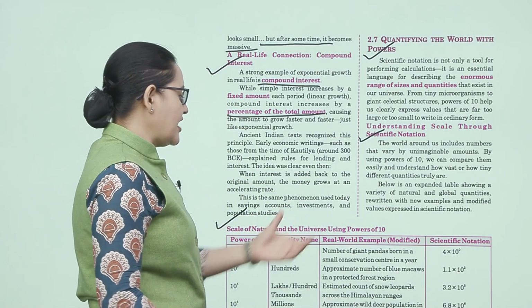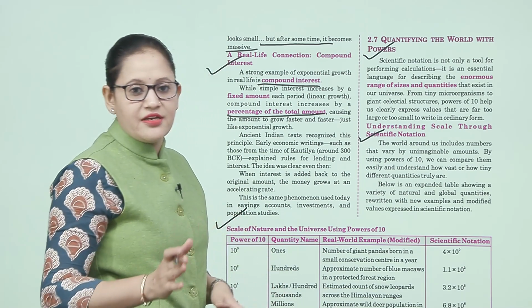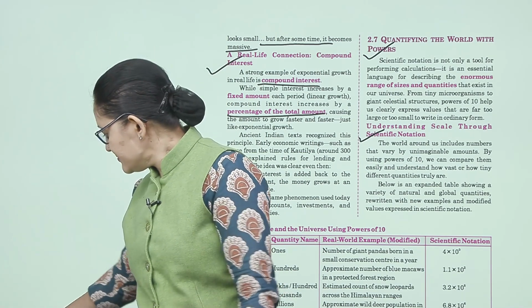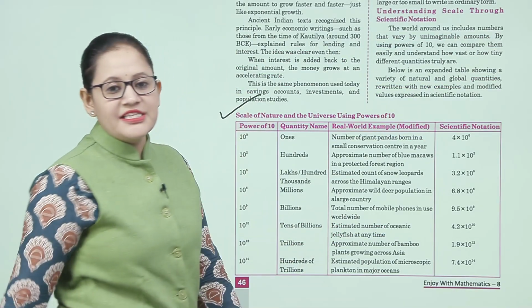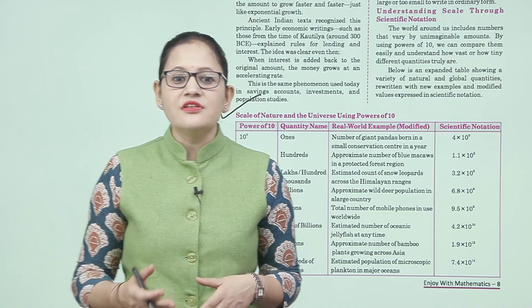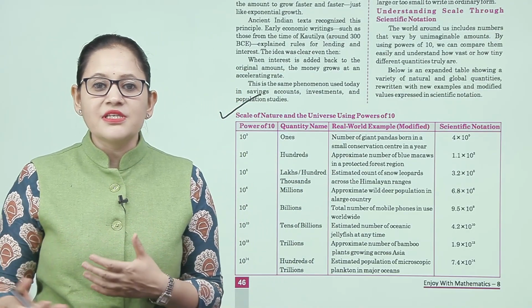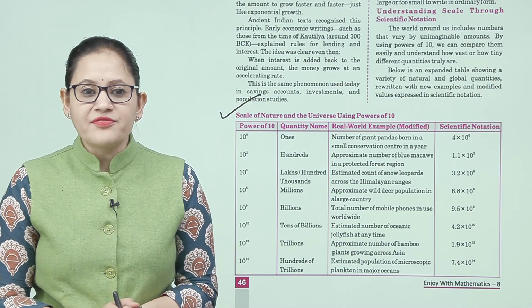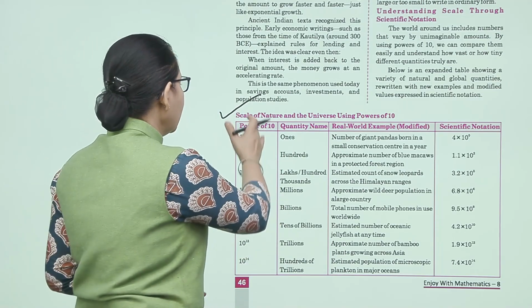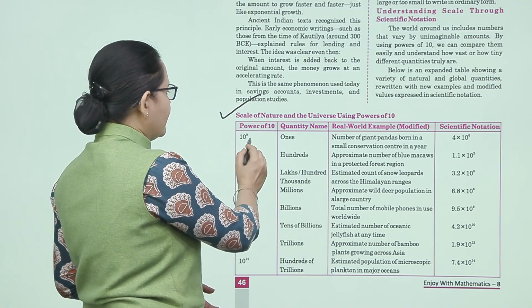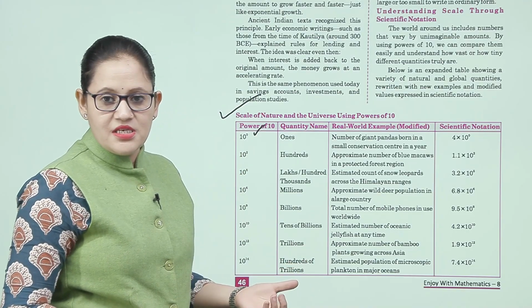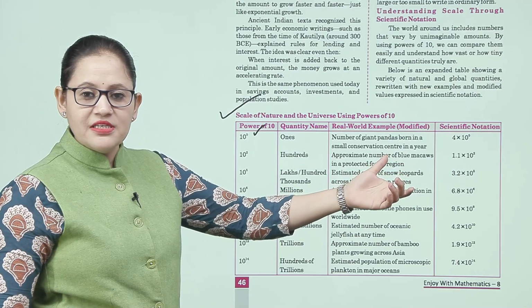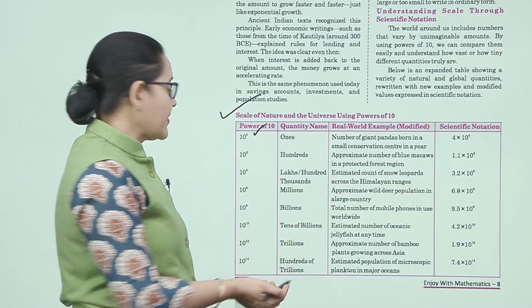Scale of nature and the universe using powers of 10. Here you can see the table. So here you can see the powers of 10. 10 to the power 0 means 1. 4 × 10 to the power 0 means 4.